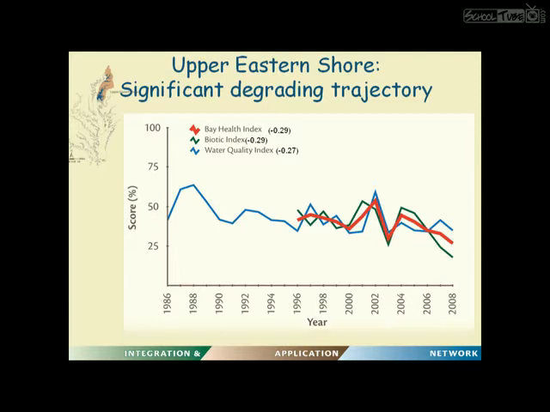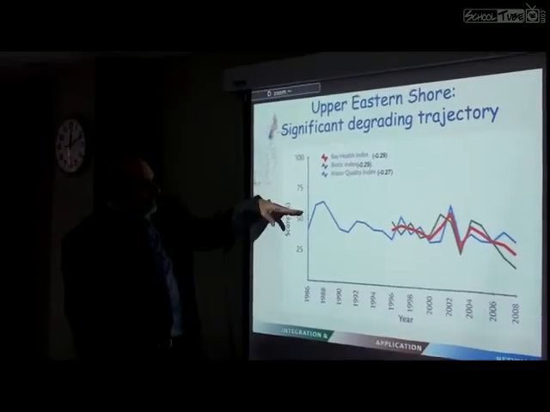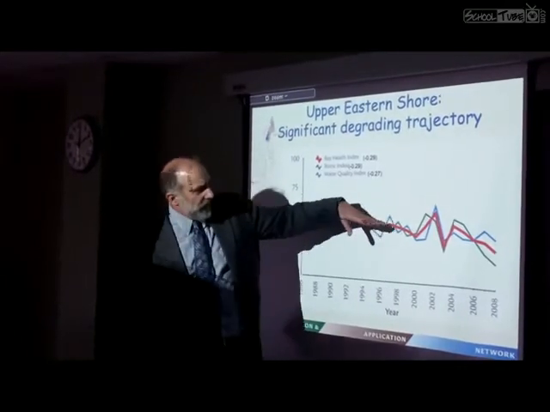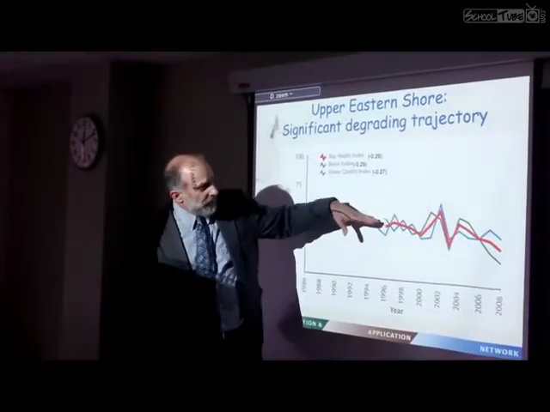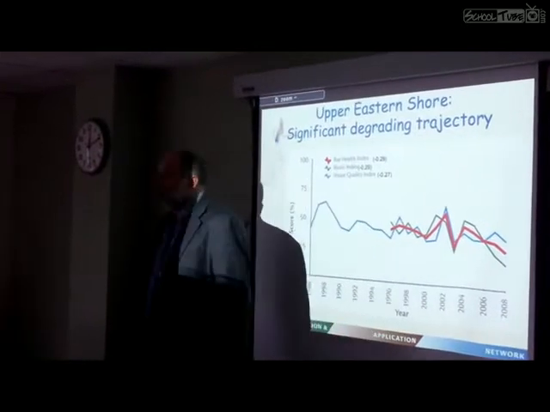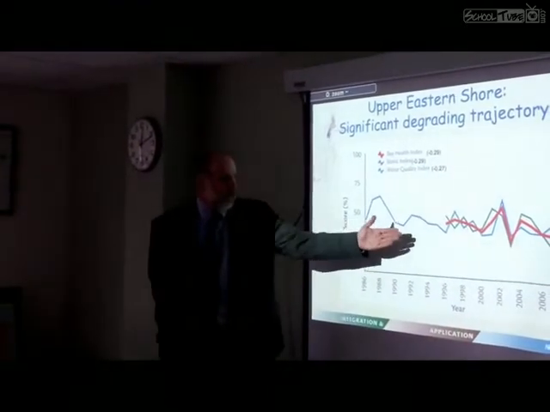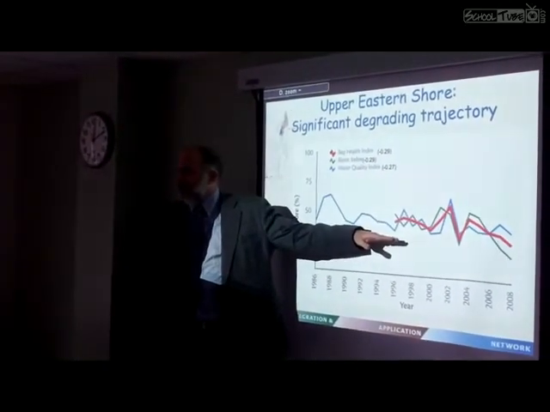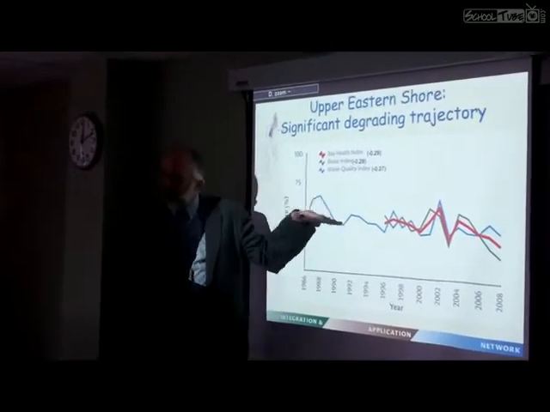You can see the water quality data in blue stretches back further than the biotic health, because some of these programs were only initiated in about 1996. But you can see an overall negative trajectory from the water quality, and then picking up with the Bay Health Index. Not only was the grade that we calculated, 27, one of the lowest in the Bay, but it's getting lower. So it's low and getting lower.